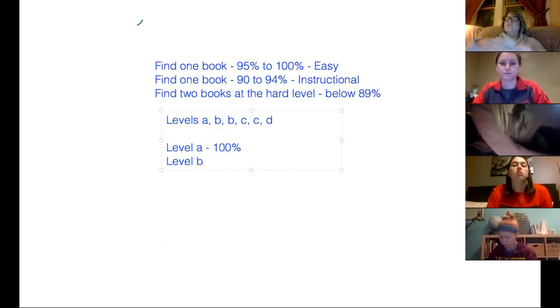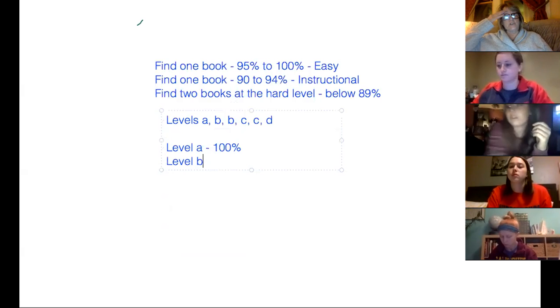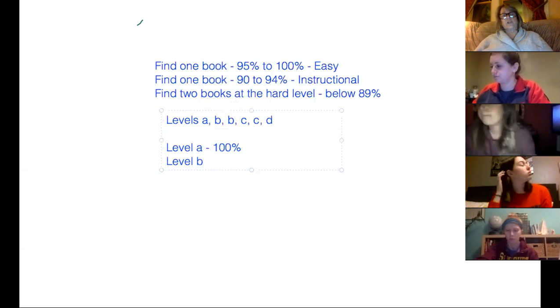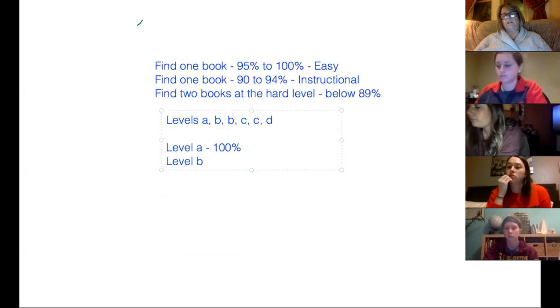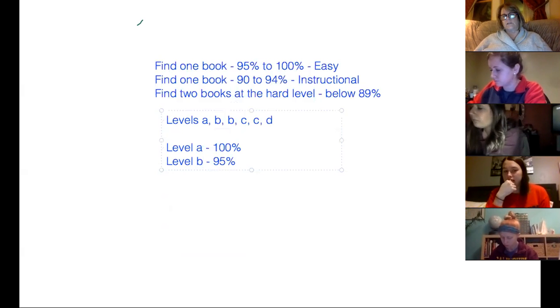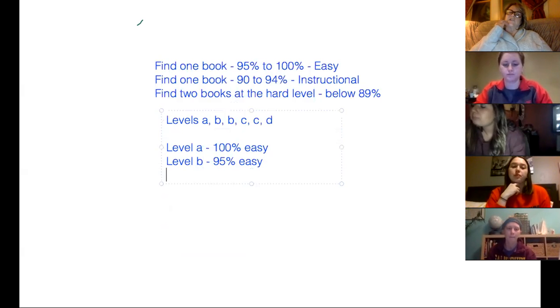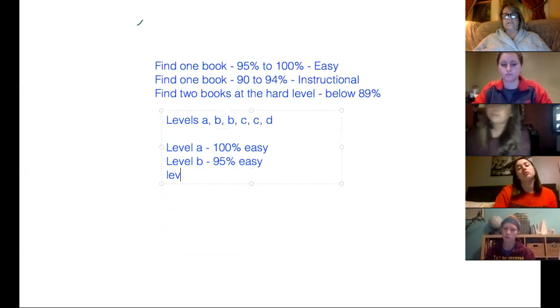And the narrative is like a story, and the nonfiction is like information. So I would suggest you go to the level B that is more like a story. So let's say you have 95%. So we still have easy. So then I would move on to level C.